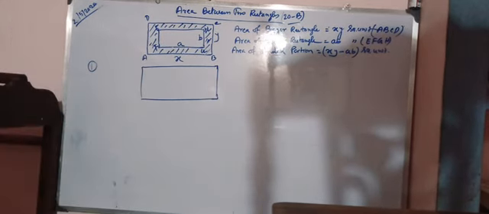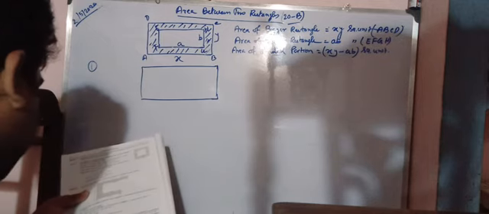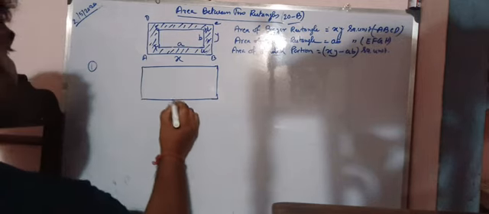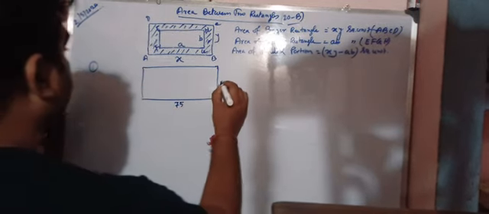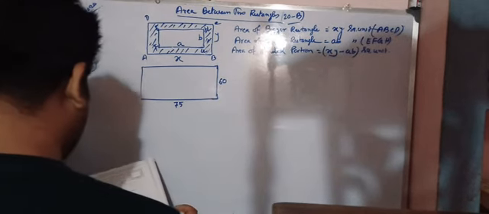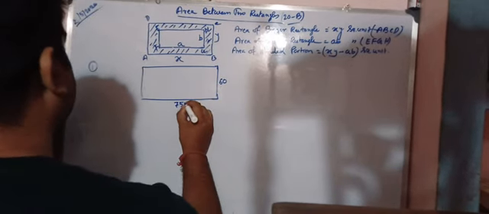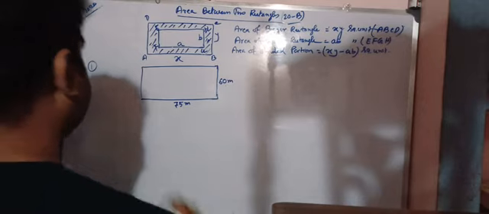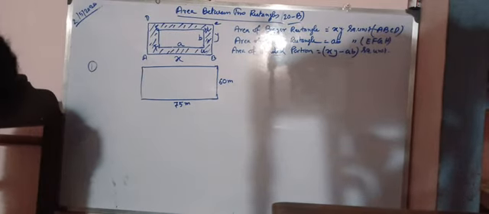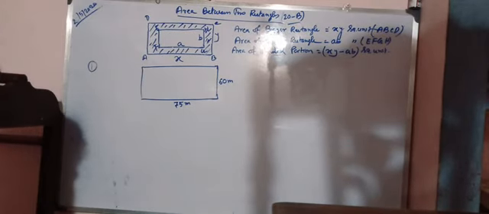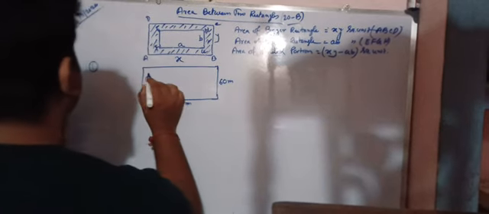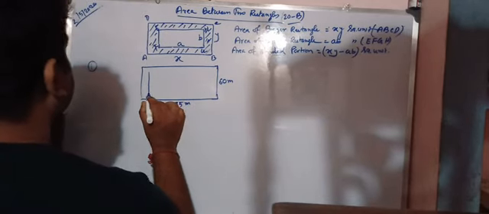So this is my rectangle. Now it is 75 meter long and 60 meter broad. It has a path of width 2 meter.